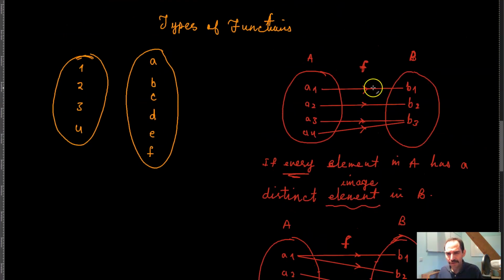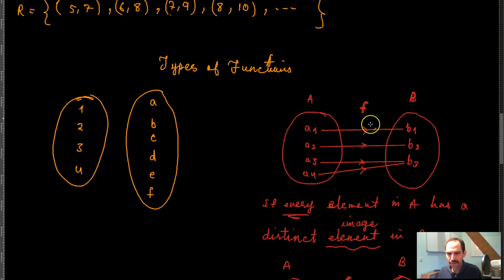But over here, in this particular case, you know that f of A1 is equal to B1. f of A2 is equal to B2. And f of A3 is equal to B3. And f of A4 is equal to B3.